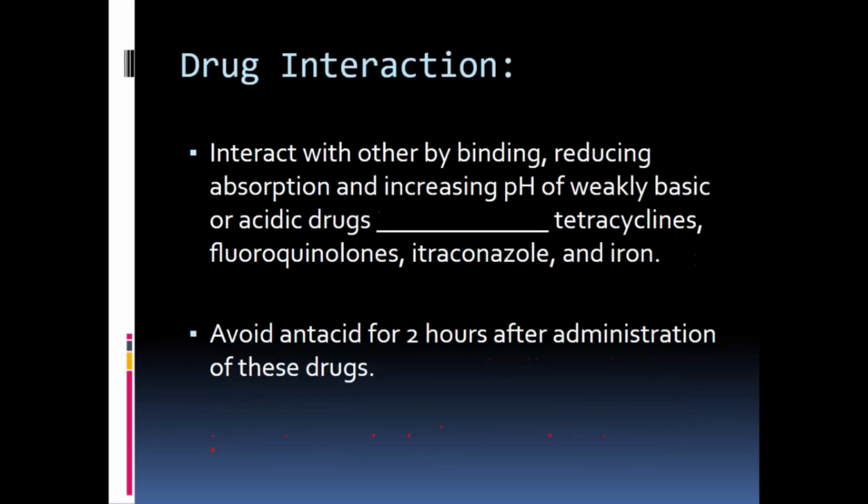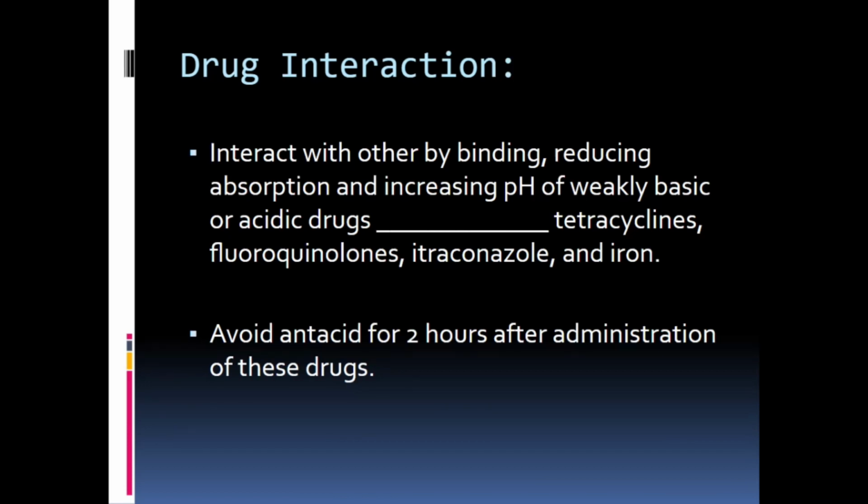Now come to drug-drug interaction. These interact with others by binding, reducing absorption and increasing pH of weakly basic or acidic drugs. Is this clear?